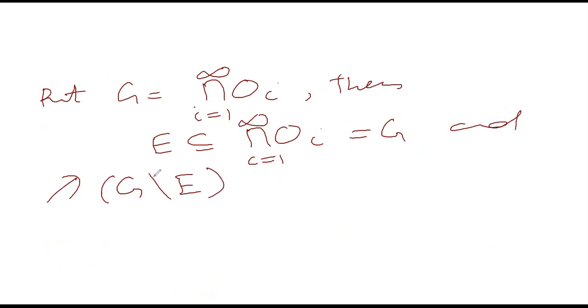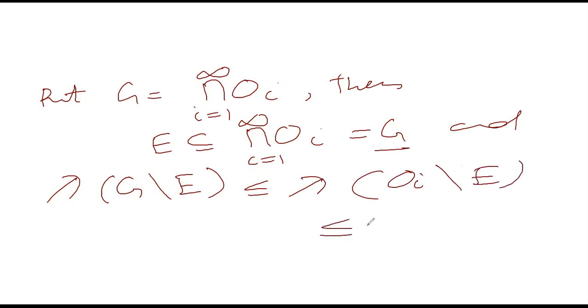It's obviously because G is a subset of O_i. As G is the intersection of the O_i, therefore G is a subset of each O_i. Therefore the measure of G minus E is less or equal to the Lebesgue measure of O_i minus E, but the Lebesgue measure of O_i minus E is less or equal to 1 over i. This is true for all i greater or equal to 1.